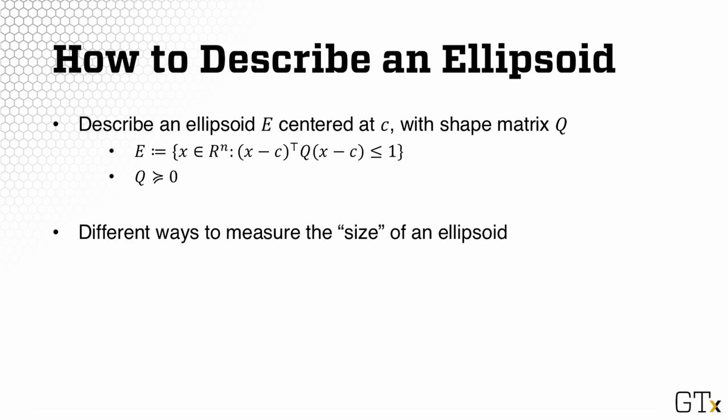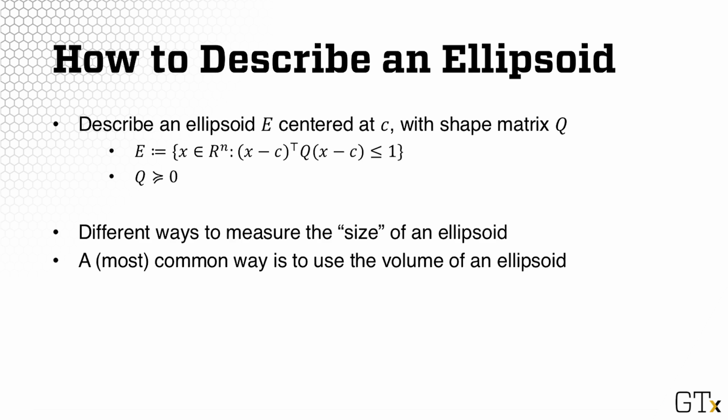All right, so how do we measure the size of an ellipsoid? As we said, we want to find the smallest ellipsoid that circumscribes a set of points. One common way to measure the size of an ellipsoid is to use volume, how big the ellipsoid is.